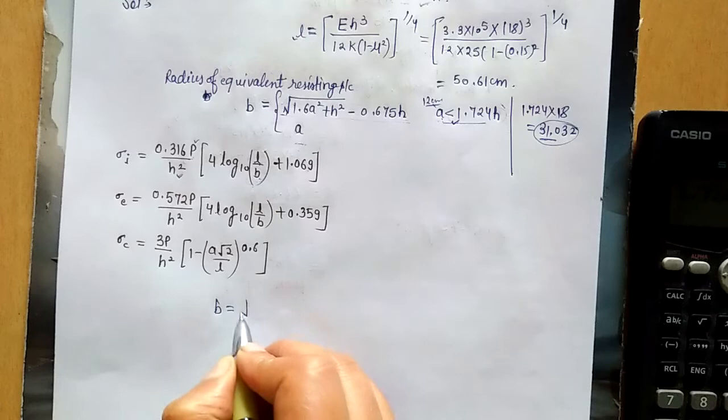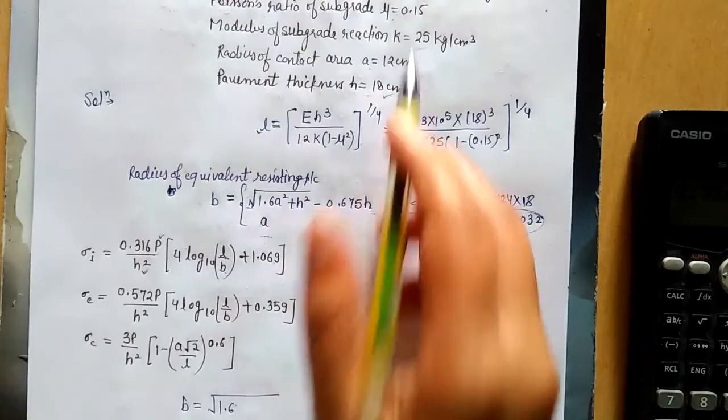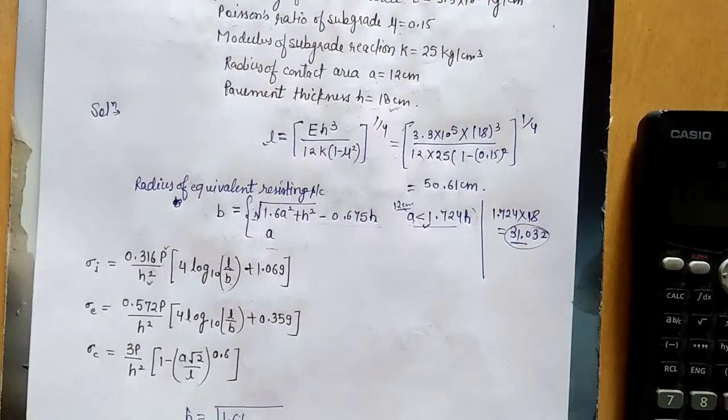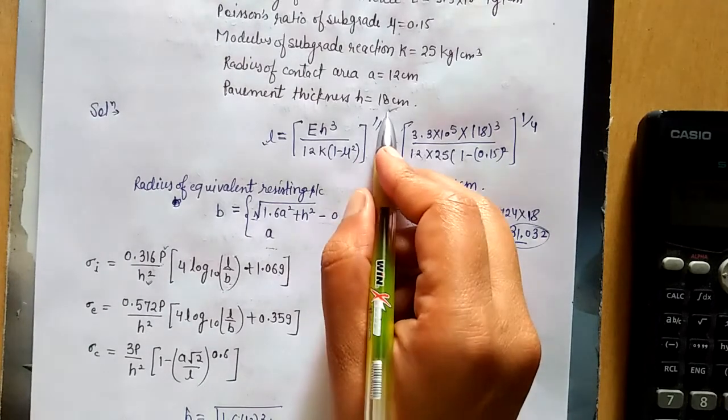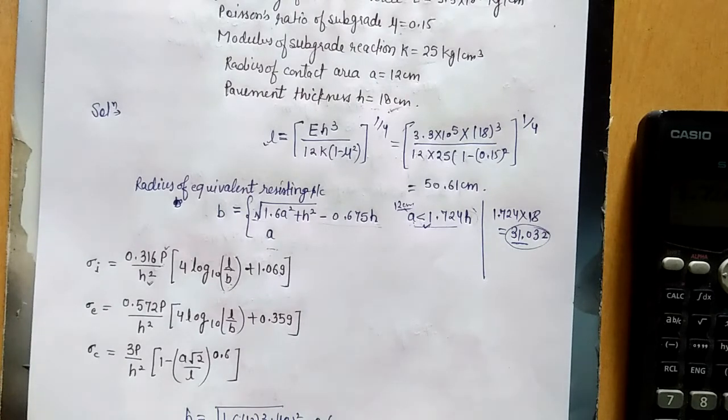B is equal to under root of 1.6 into a, where a is 12 centimeter, so 12 square plus h, 18 centimeter, 18 square, minus 0.675 into 18.